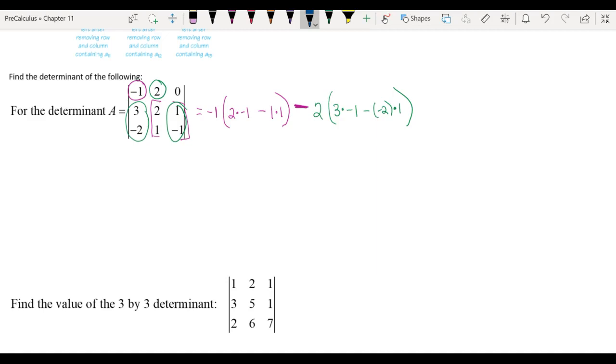It's a weird, yeah, I know what you're saying. So it goes minus, this third one is plus. That's the only weird part of it. And you would do 0. So if I'm doing 0, this is my two sections. It'd be 3 times 1 minus negative 2 times 2.